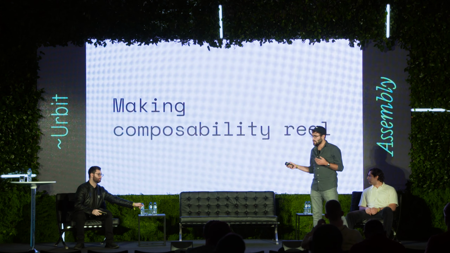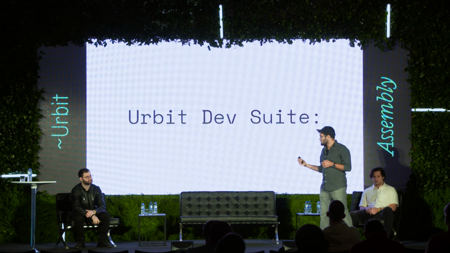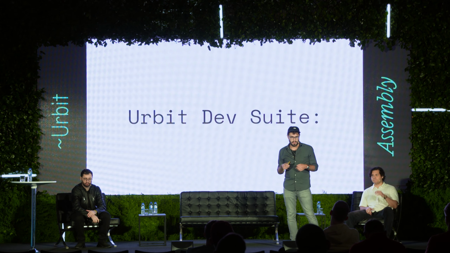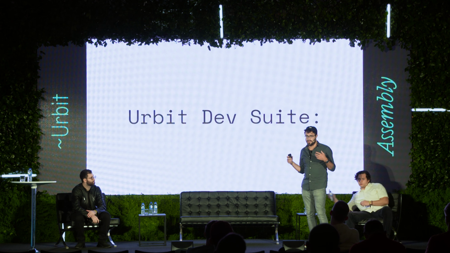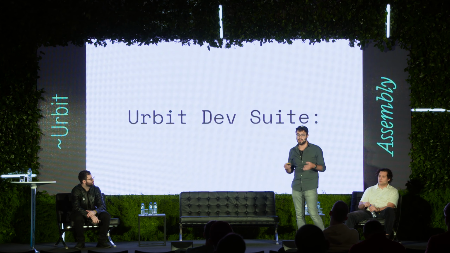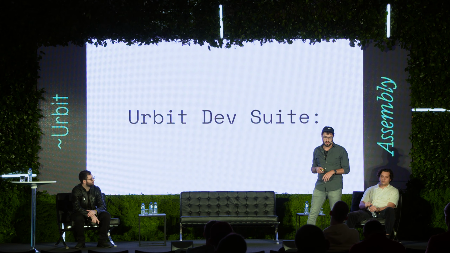In the Urbit world, it's really about making composability real. To that end, we're working on an Urbit dev suite, because ultimately, if you're going to be consuming and publishing packages, you need a place to do that from, as well as a place where you can make sure that you're consistently using primitives in the same way that other people publishing or consuming your primitives are.